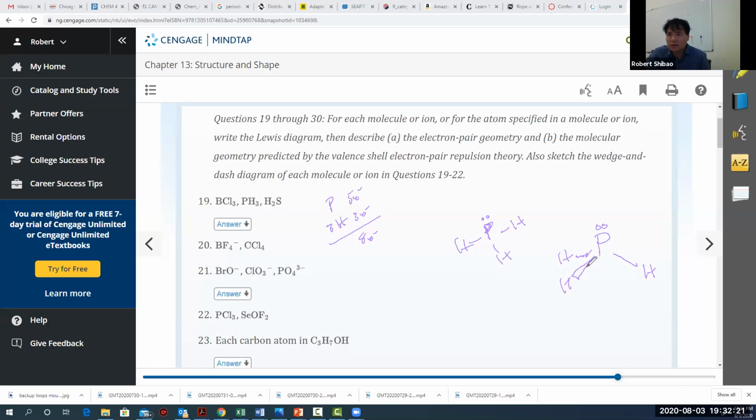And so the angle here should be 109.5. Okay. And so the EPG is tetrahedral, which sets the angle. But the MG is not tetrahedral in this case, because we don't count the lone pair in the MG. The MG is just the bonded atoms. And when we look at the bonded atoms, it appears like a pyramid with a triangle base. So this is called trigonal pyramidal.